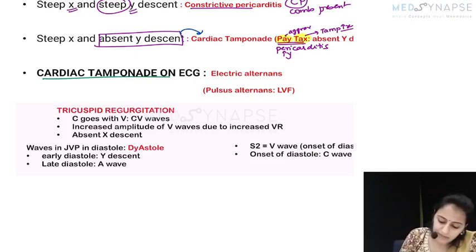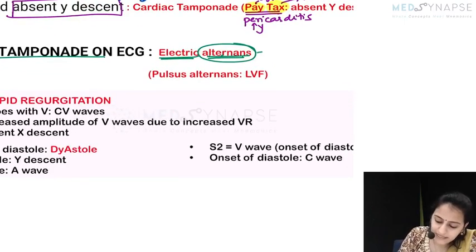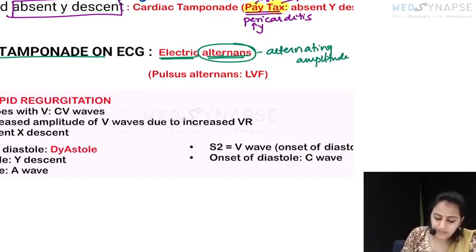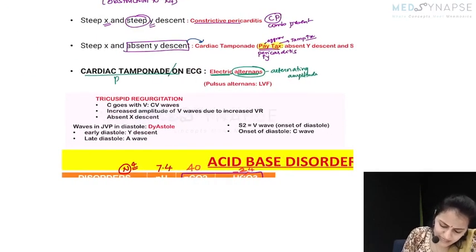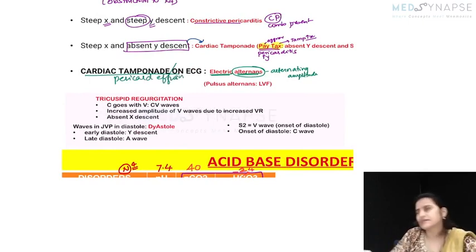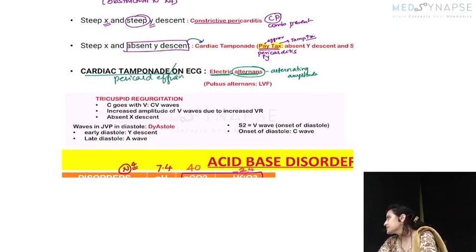So remember that this is called electrical alternans. There is alternating amplitude. Not just cardiac tamponade, any cause of pericardial effusion will have this electrical alternans.